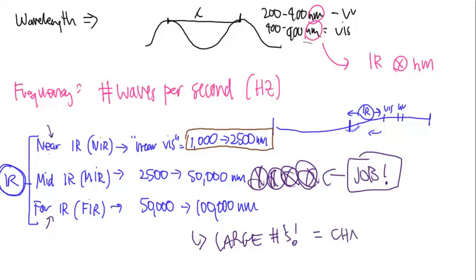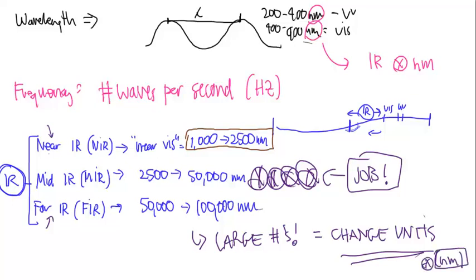So again, in infrared, we are going to change our units. And we'll talk more about that when that time comes. But keep in mind that we will not be referring to nanometers here. We will be referring to a different type of unit that you have not seen yet. So in the next video, we'll continue on with some definitions and maybe with some examples of infrared spectroscopy.